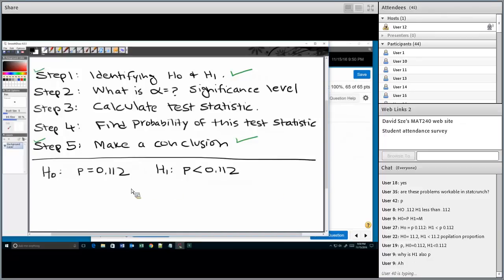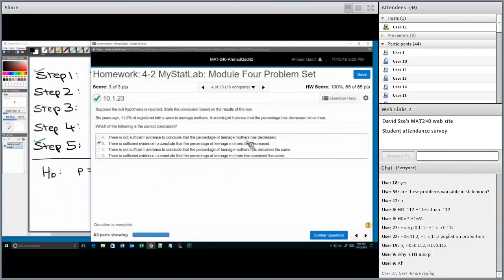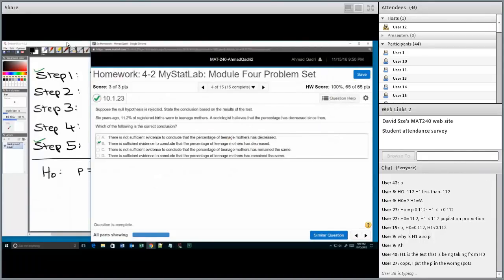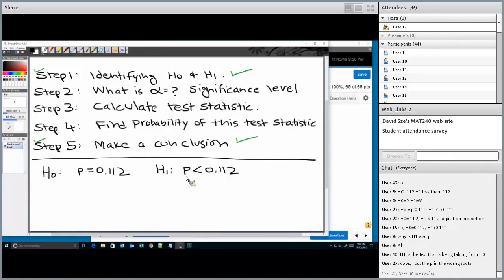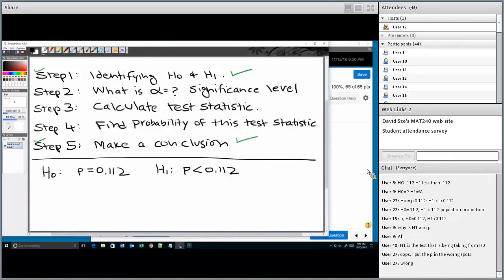That could be another test. So both null and alternative have to have the same parameter, okay? Because if this is not true, then you're going to say that this is true. This is the reason why you use the same parameter. So this is the hypothesis test in this problem, the null and the alternative. Okay, this is the way you're going to write it.